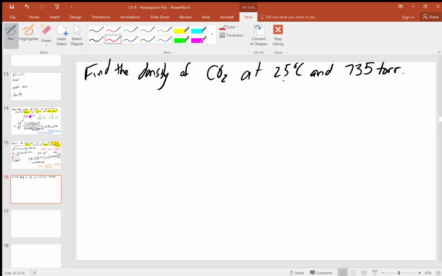So 25 degrees Celsius is 298.15 Kelvin, and 735 torr will convert to 0.967 atmospheres. Okay.